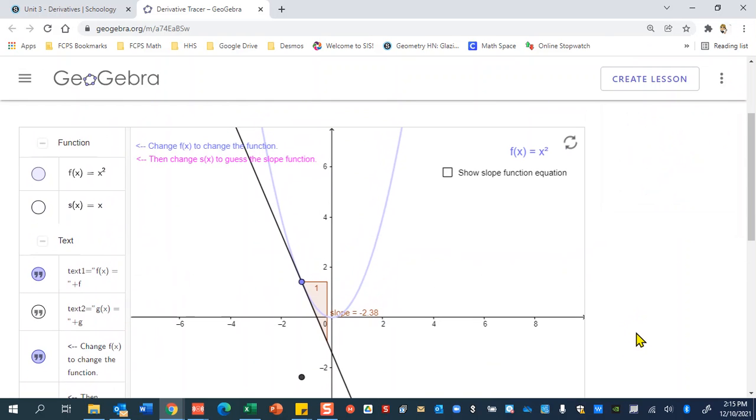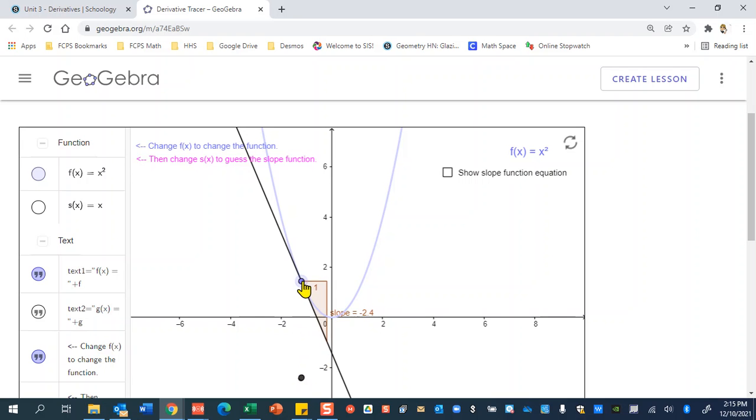So if you look here at this website, we have x squared graphed as my original function. And then here we see my tangent line, and we care about the slope of the tangent line. So if you look here, my slope is negative 2. That's what this point down here is.